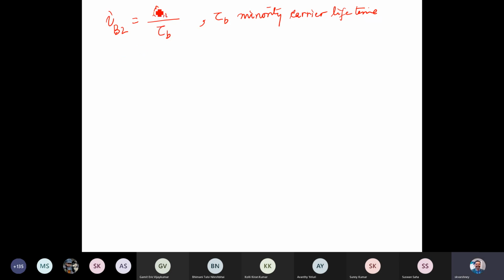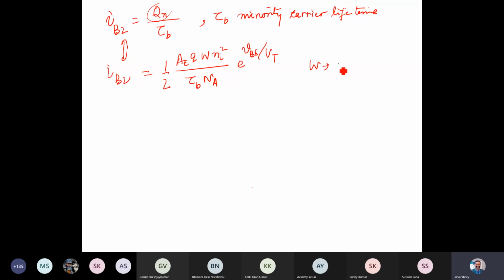So with a few steps, we get I_B2 as one half A_E q W n_i squared over tau_b N_A times exponential V_B over V_T. So what you see here, this W is actually the depletion, not depletion.